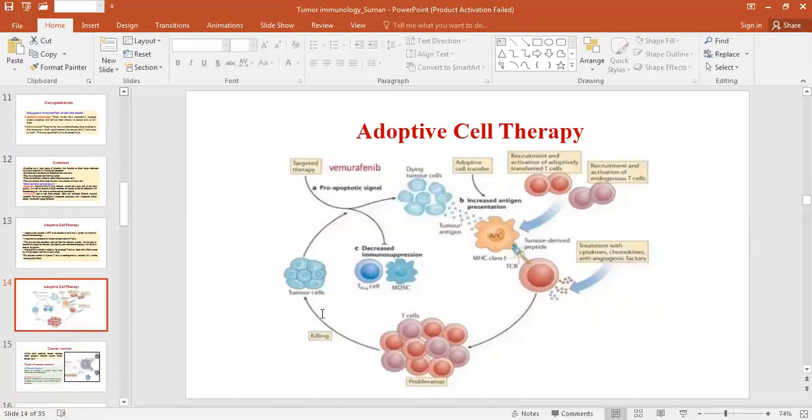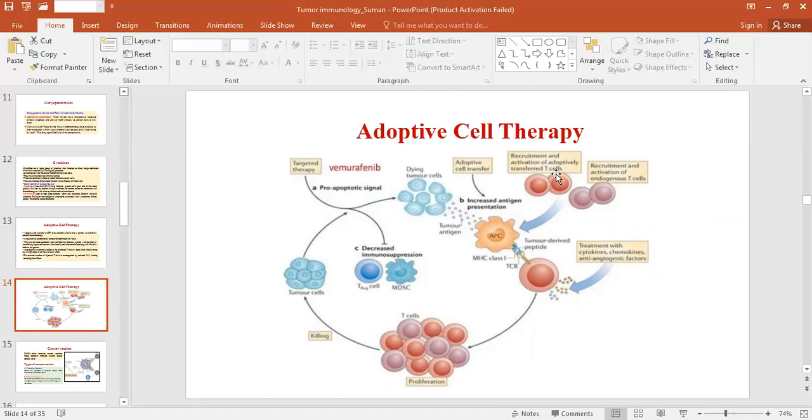So this is the scheme of adoptive cell therapy. Here, this is targeted therapy using one monoclonal antibody, hemorrhaginib. So this is the pro-apoptotic signal, dying tumor cells. Now we are taking adoptive cell transfer. So here are your tumor antigens. Now what are we doing?